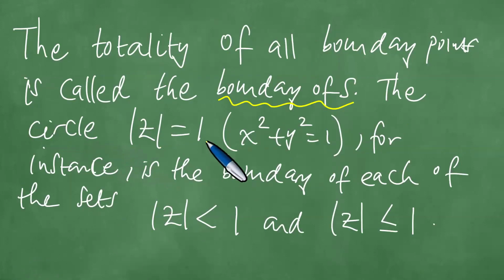The circle mod z equals 1, which is the same as x squared plus y squared equals 1, for instance, is the boundary of each of the sets less than 1 and less or equal to 1.